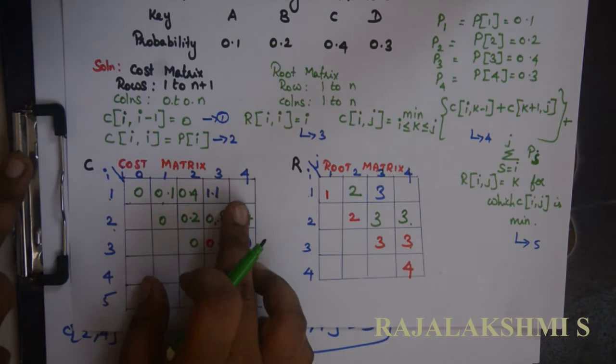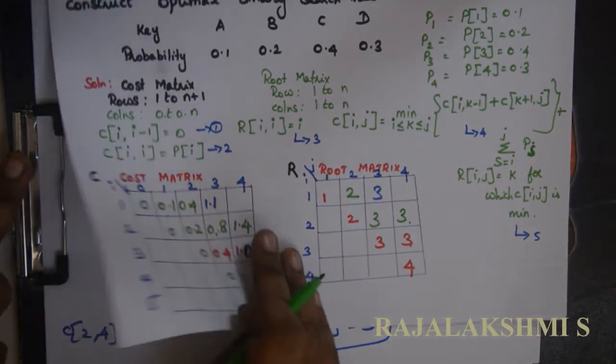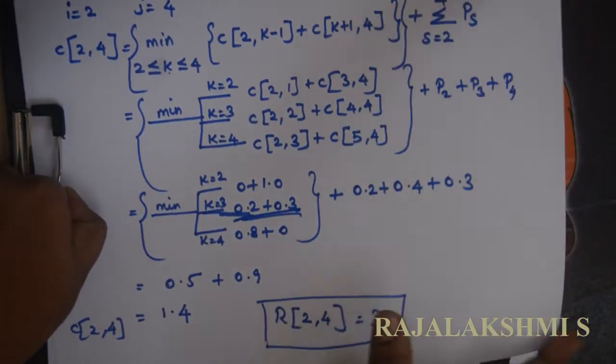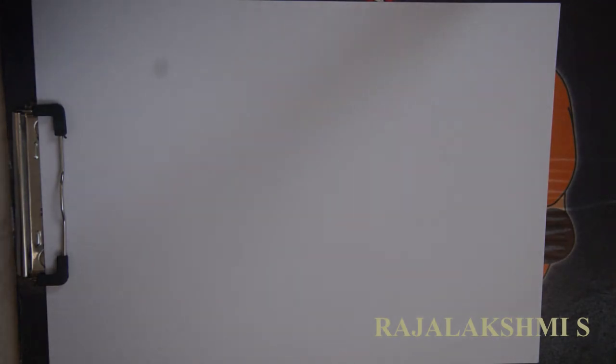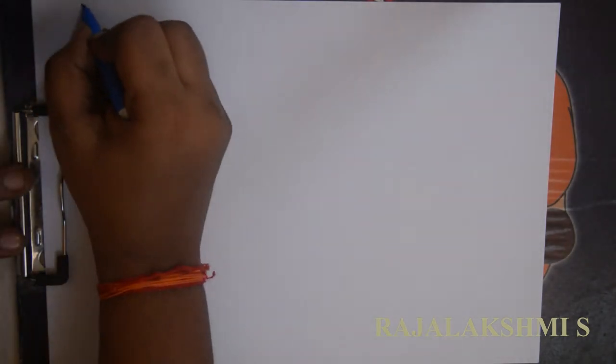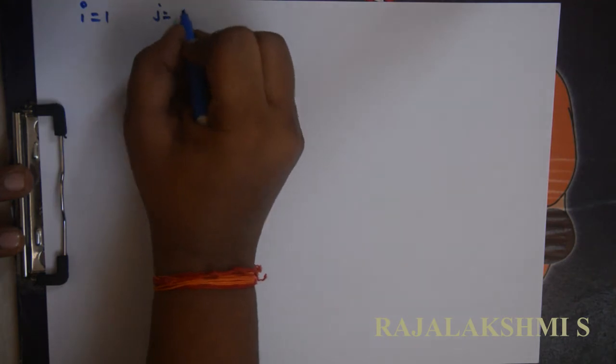So now what is the next value we should find? 1 comma 4. So i is equal to 1 and j is equal to 4.